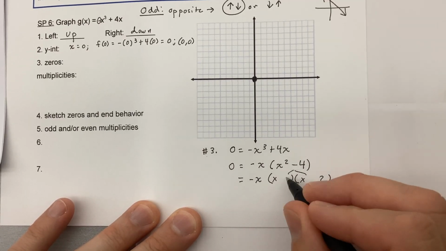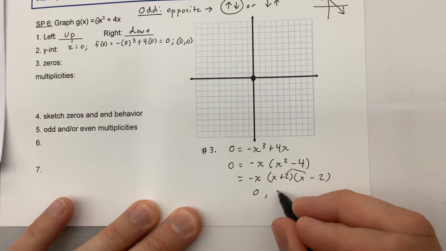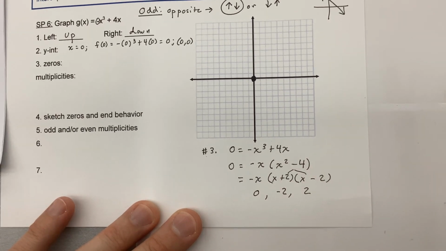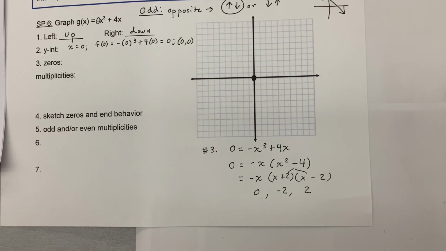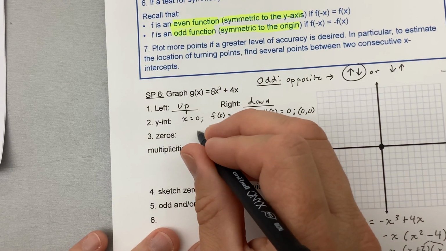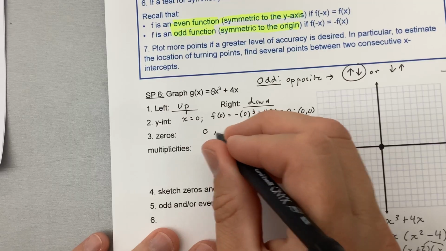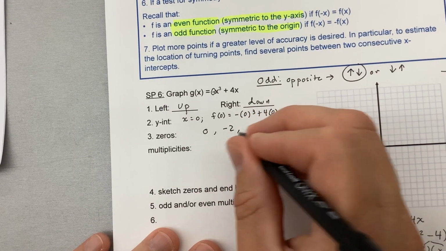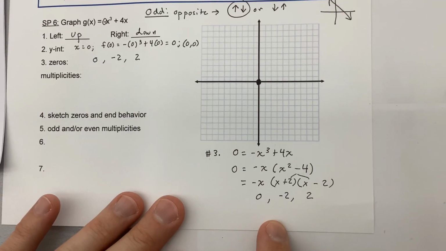That gives x and x minus 2 and x plus 2, equals 0, so 0, negative 2, and 2. There it is. So again, 0, negative 2, and 2.